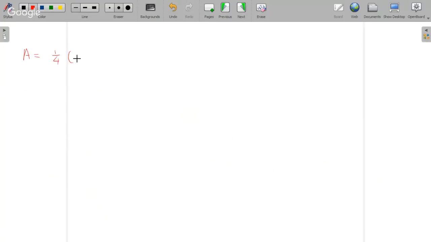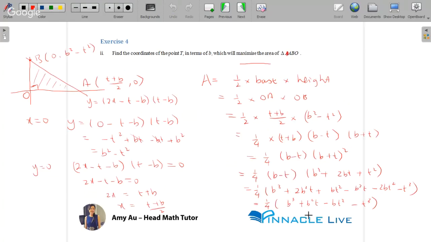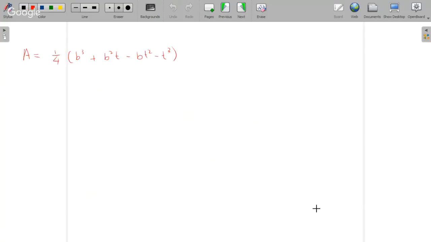So let's start with the equation. Let me double check that's right. B cubed, b squared t. Yep. Okay. All right. So then differentiate first with respect to t. Constant, ignore, stays in front.